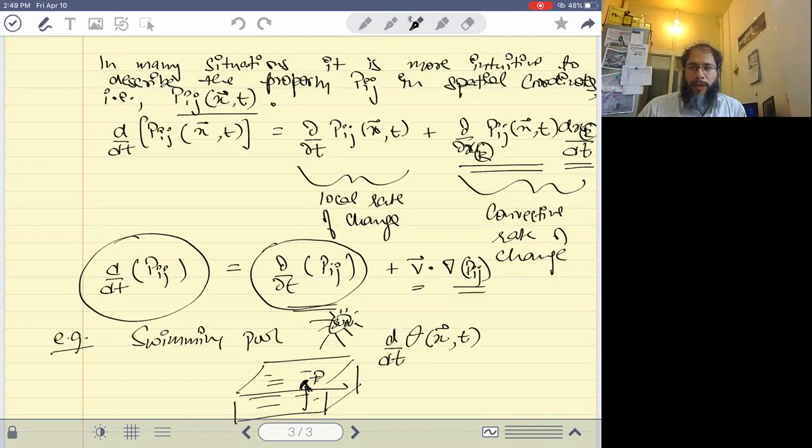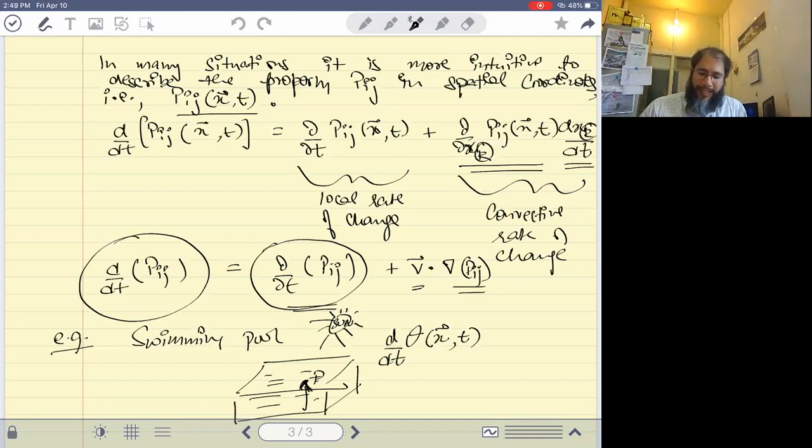Since there's no motion of any particle, these two are equal. So that's a situation where the convective rate of change is 0, and the local rate of change contributes completely to the material derivative, which is nothing but the rate of change of a property that you measure by sitting on a particle. There's no motion, so the particles are not moving here, so they're equal.